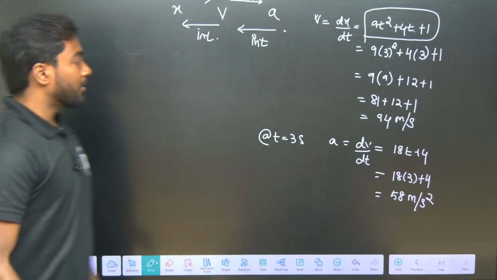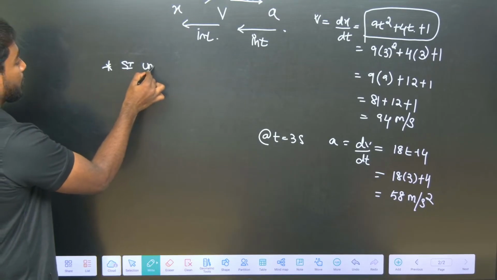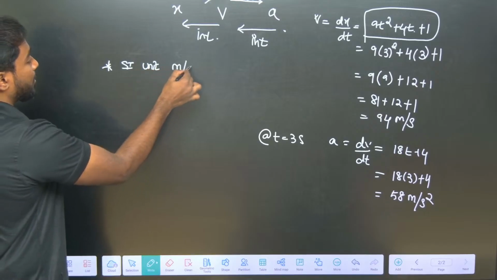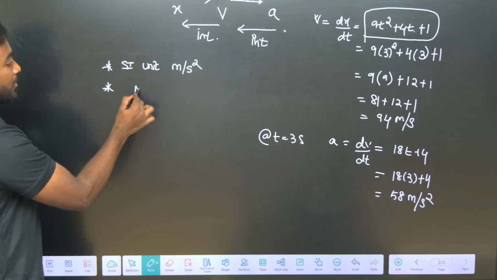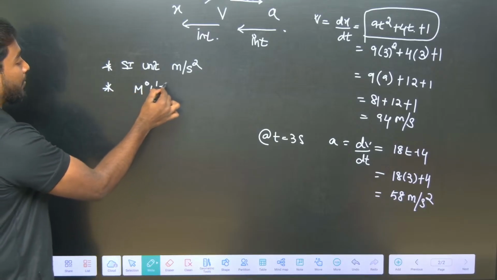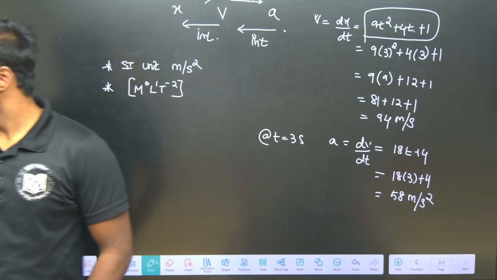Let me tell you that the SI unit of acceleration is meter per second square, and the dimensional formula is M0 L1 T power minus 2.